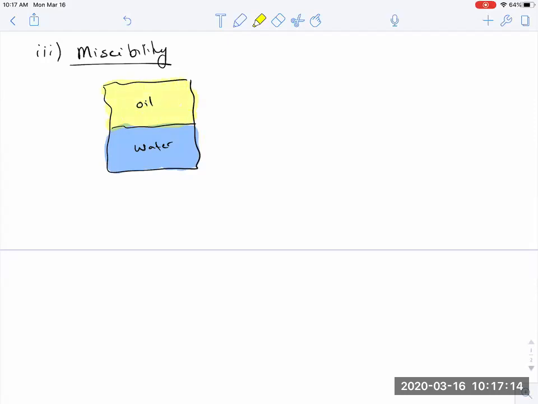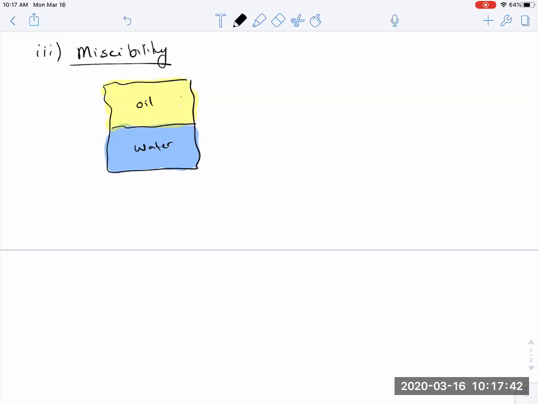Now these are distinct both in the arrangements of their atoms. Water, being formed out of H2O, arranges itself very differently than some oil would, maybe of some hydrocarbon compound. But also in composition, there's a distinction between the atoms that make up the oil and the atoms that make up the water.